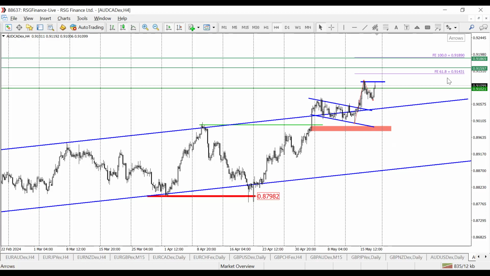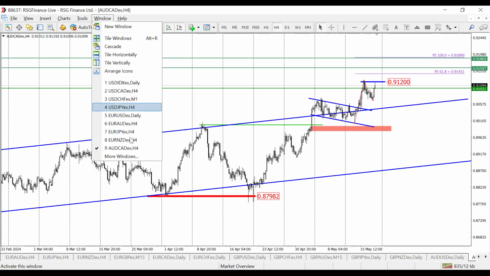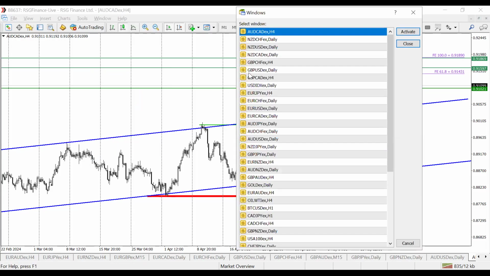Once price is able to break above the last high there, those are our targets: 0.9143, 0.9159, and 0.9186 level.